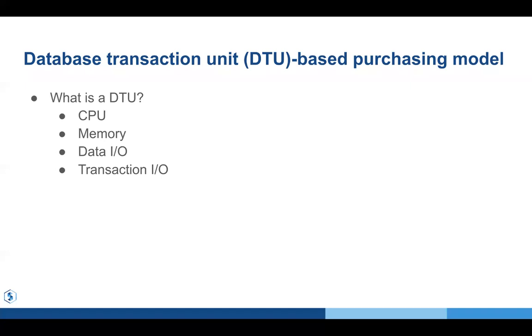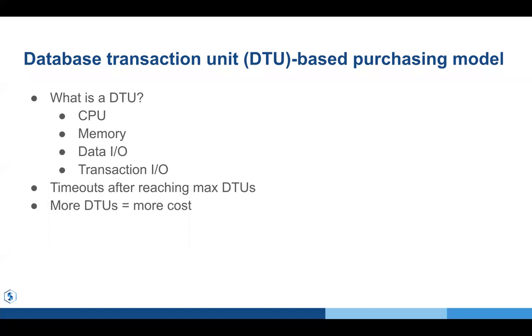So once we reach the DTU cap, we're going to start getting timeouts everywhere, because the server is busy trying to allocate enough resources to finish one query, and all the other queries, probably more simple queries, are just put in a queue. And if the timeout is reached, then SQL Server will respond with a timeout exception. So this will mean that we will need to add more DTUs, and more DTUs equals more cost.